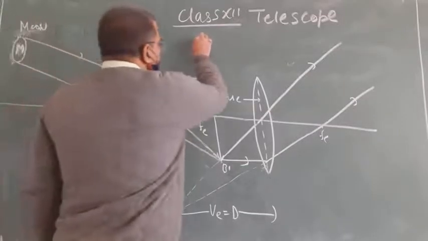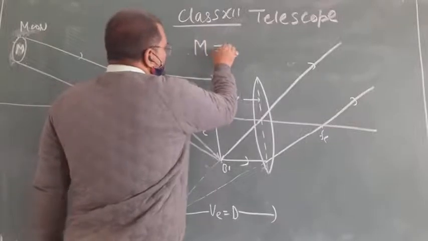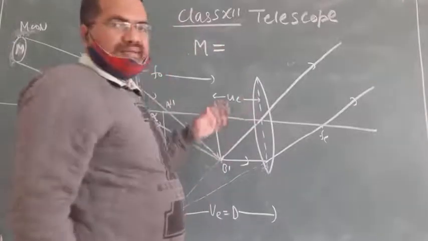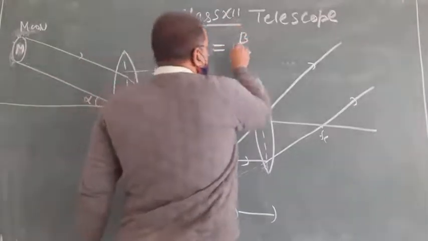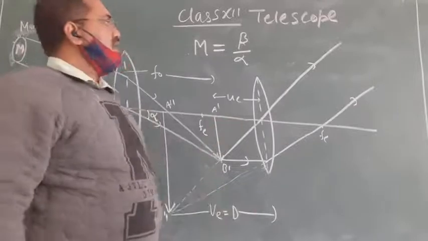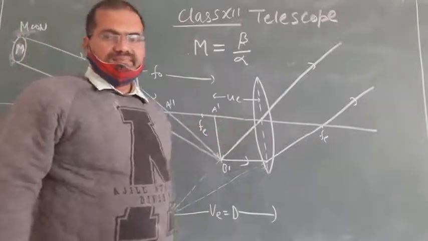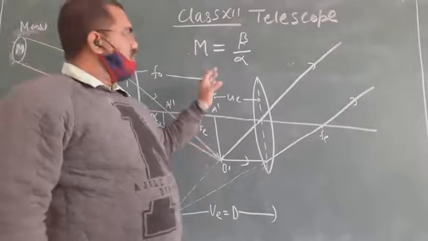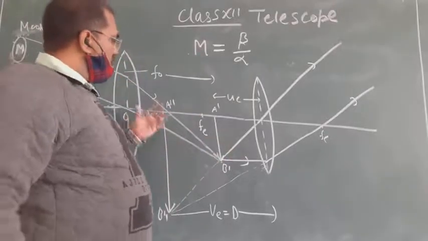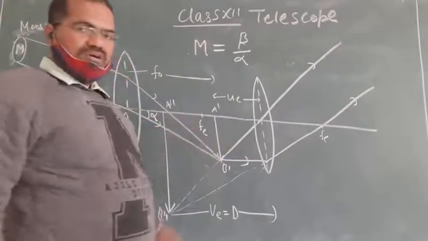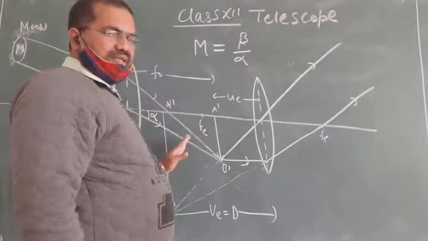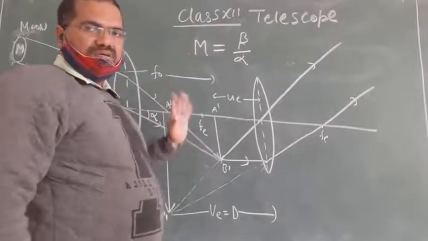As we earlier discussed, the magnifying power of a compound microscope, simple microscope or telescope, you can write here as beta upon alpha. Here beta is the angle subtended by the image at the eye lens and alpha is the angle subtended by the object at the eye lens. In the case of a compound microscope, the object and image should be taken at the same location, but in the case of a telescope it is not necessary, because the object is very far, so the location of image and object does not bother at all.